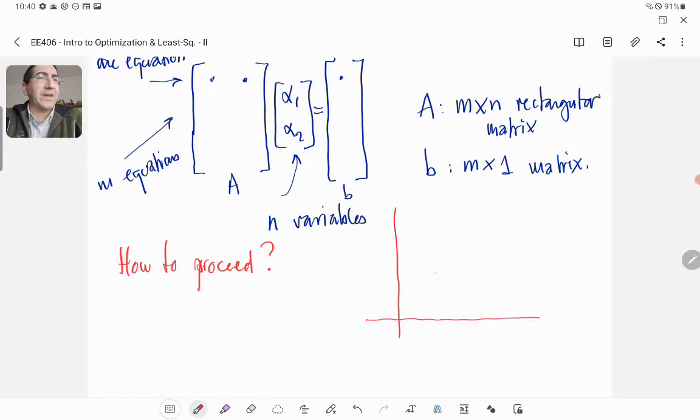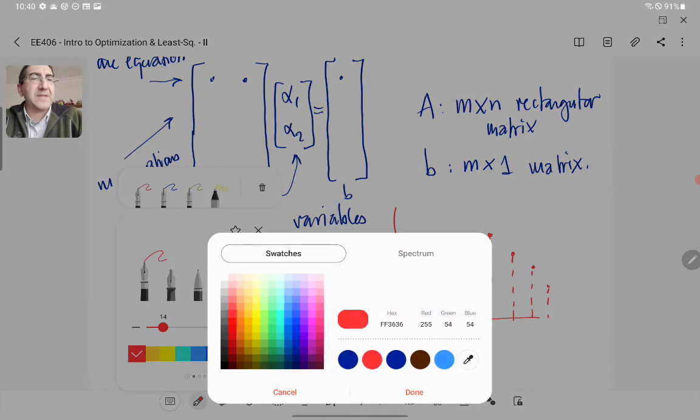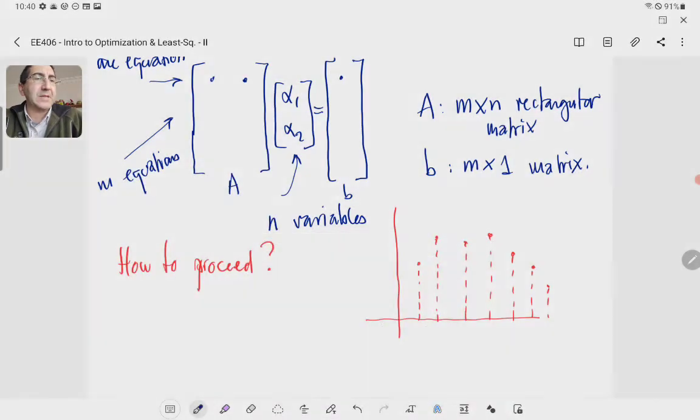trying to have a perfect fit, let's say a nonlinear equation, let's say these are your data points. For each xi, you have a corresponding yi. What you're trying to do is find a best fitting line or a curve.